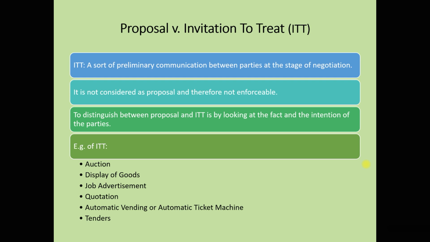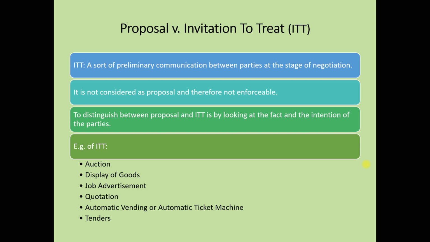Same goes for quotations: when a company forwards a quotation, it is also not considered a proposal. Same goes for automatic vending machines, automatic ticket machines, and also tenders. Quotations and tenders are more or less the same.